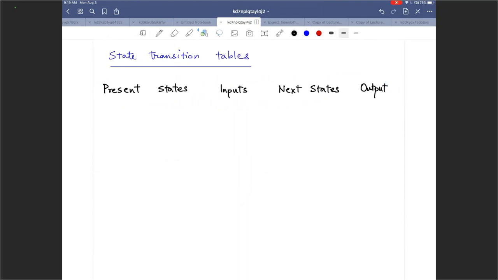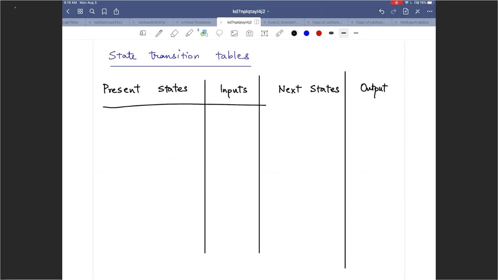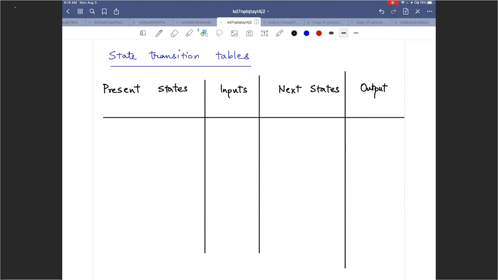Actually, let me put it over here. So you should construct the skeleton of your state transition tables in this particular form: present states, input, next states, output. Now for our case, what is our present states?